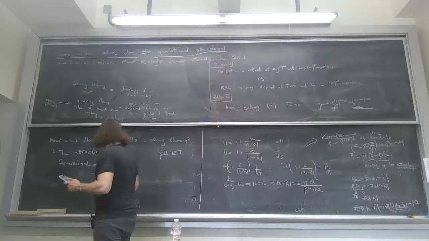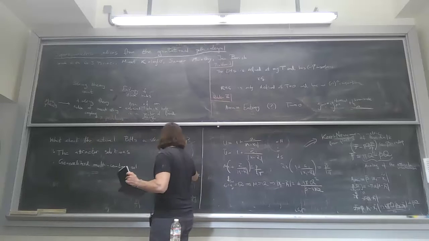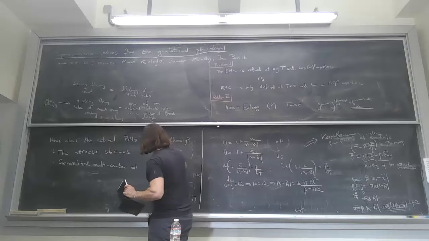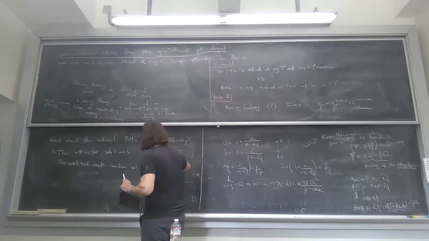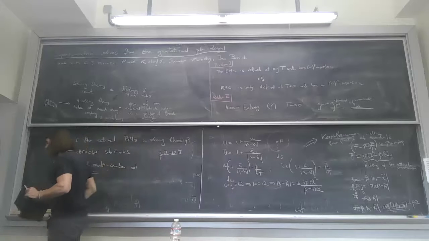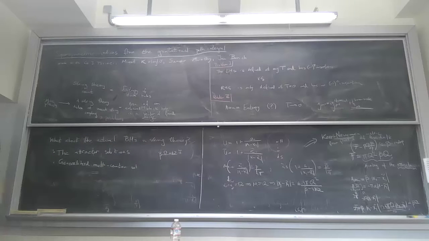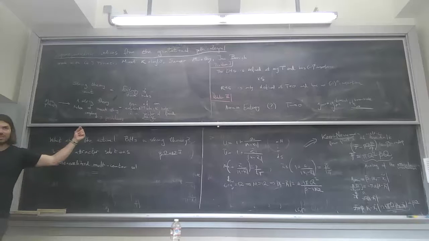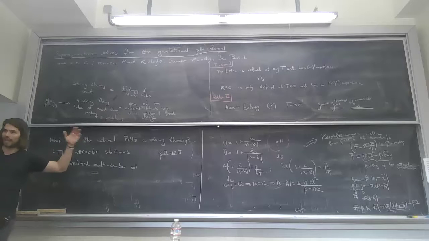Yeah, maybe I'll just end by saying that these solutions also satisfy beta omega equal to plus or minus 2 pi. It's no longer true that the scalars... so in the typical attractor mechanism, what happened was that the area of the black hole and the scalars evaluated at the horizon only ended up depending on the charges of the black hole instead of on the asymptotic boundary conditions that you fix at infinity for the scalars.